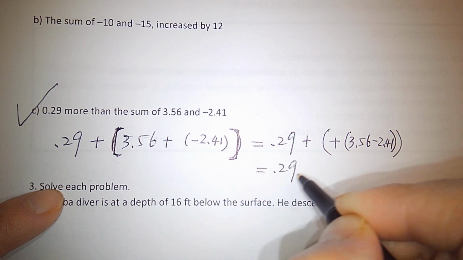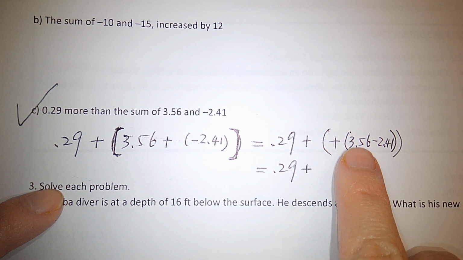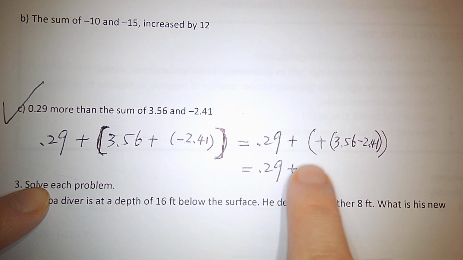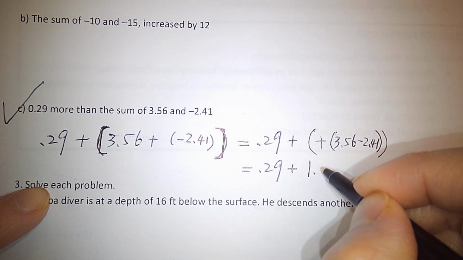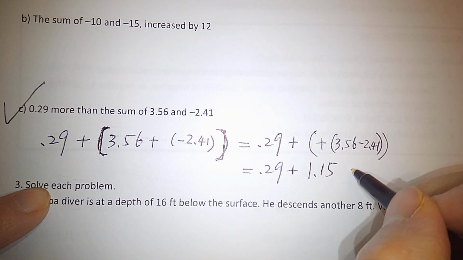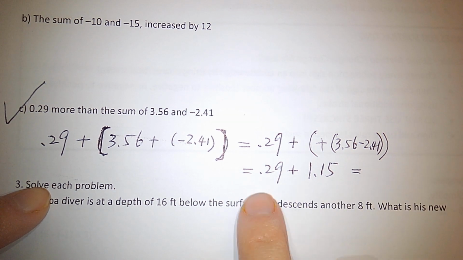Equals 0.29 plus 3.56 minus 2.41. What do you get? 1 point something, right? 1.15, and positive, right? Adding a positive 1.15. Then add up these two numbers, same sign, both positive.